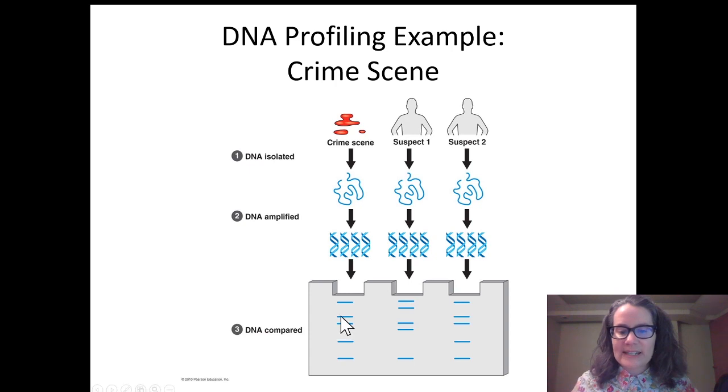So if we look over here, lane number 1 with our crime scene blood doesn't quite match suspect 1. So suspect 1 has something unique about their blood, but suspect 2 actually matches that crime scene blood. All of these bands, we call them, are lines of DNA where our restriction enzymes have cut DNA into smaller pieces. So it gives us a way to sort and fingerprint suspects given what we find at a crime scene.